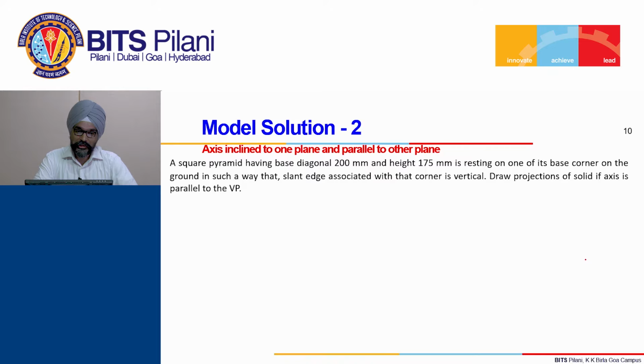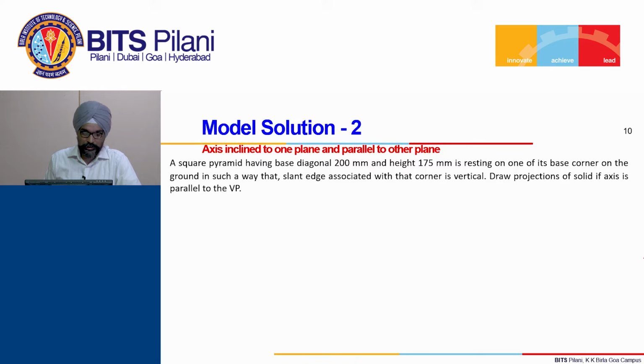Here the inclination of the axis is not directly defined, but the position of the solid is defined in such a way that the axis will automatically be inclined to the ground. So, here again it is the case when the solid is inclined to the ground. So, draw the projections of the solid if the axis is parallel to VP. Now, here it is a square pyramid.